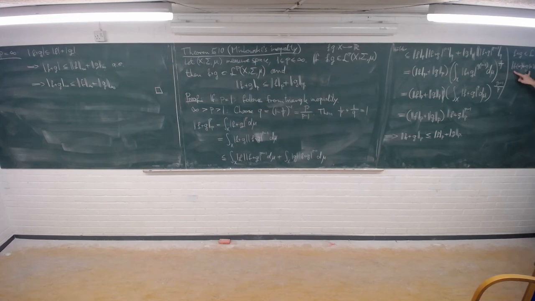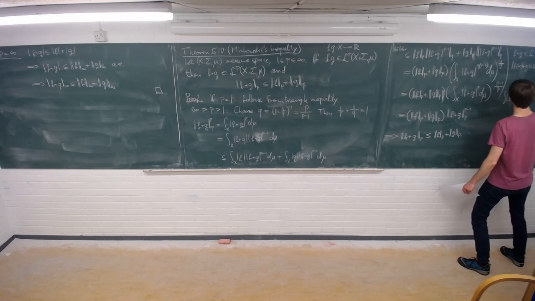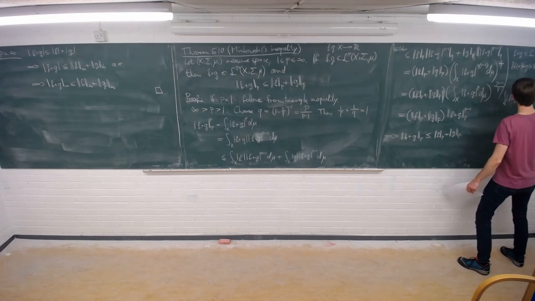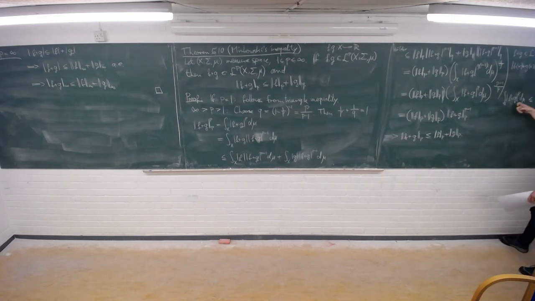And now the sum of f and g is bounded by 2 integrable things. So this holds for every x. So we can integrate this inequality, so the integral of (f plus g) to the power p is less than 2 to the power p times the integral of f to the power p plus the integral of g to the power p.